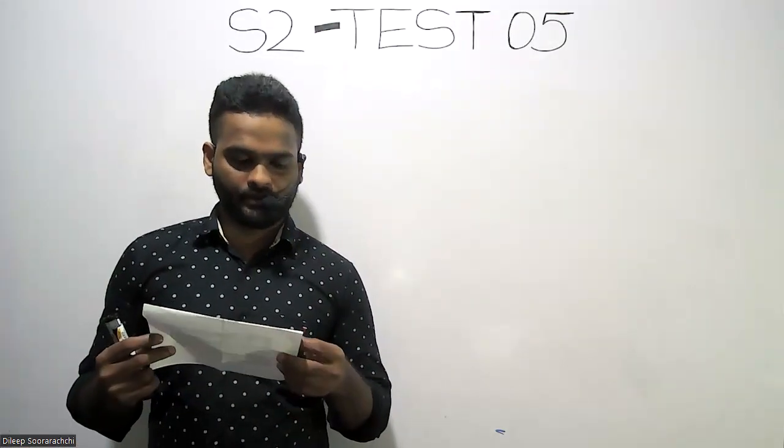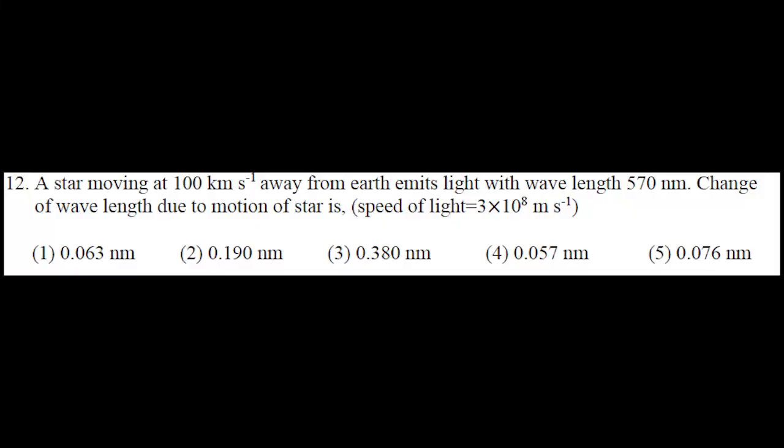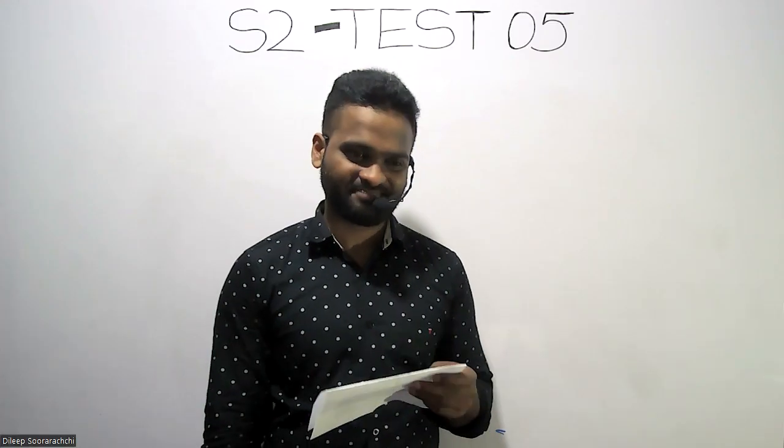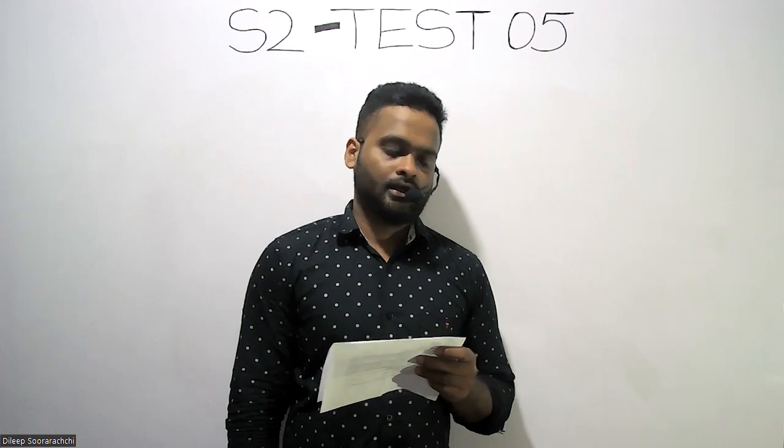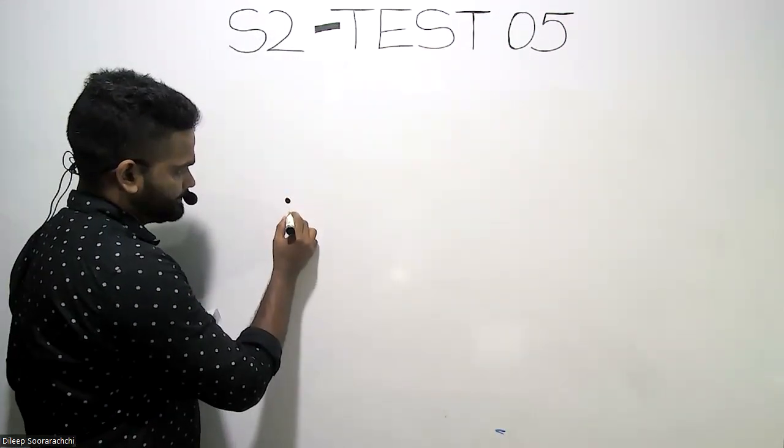Right. 12th question. A star moving at 100 kilometers per second away from Earth emits light with wavelength 570 nanometers. The change of wavelength due to motion of the star is, right? Let's say this is the Earth.